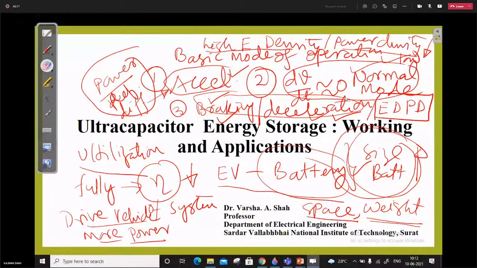So in that case, we are not able to run our system efficiently, and the cost will also increase because the size of your vehicle is again higher. So we need a source which has both high energy density and high power density. But no single source has this.